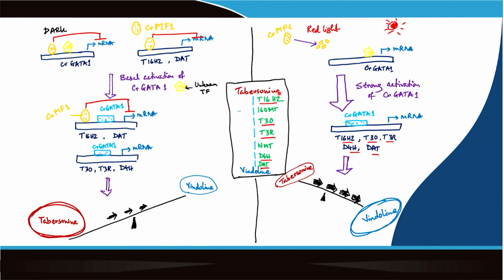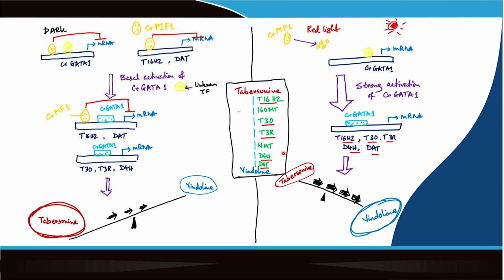The 7 genes involved in the conversion of tabersonine to Vindolin are basically listed here, and the genes which are responsive to red light, I put a red underline: that is tabersonine 16-hydroxylase, T3O oxidase, T3 reductase, D4H, DAT.